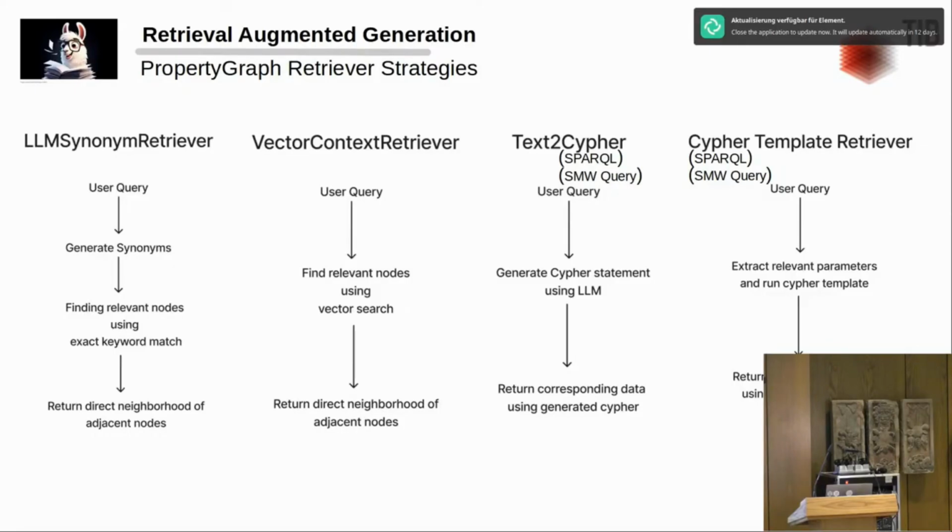And in the end, we could also make it more structured, like using templates. So for example, we can pre-build SPARQL queries, for example, a SPARQL query that will retrieve all the relevant information about a person.